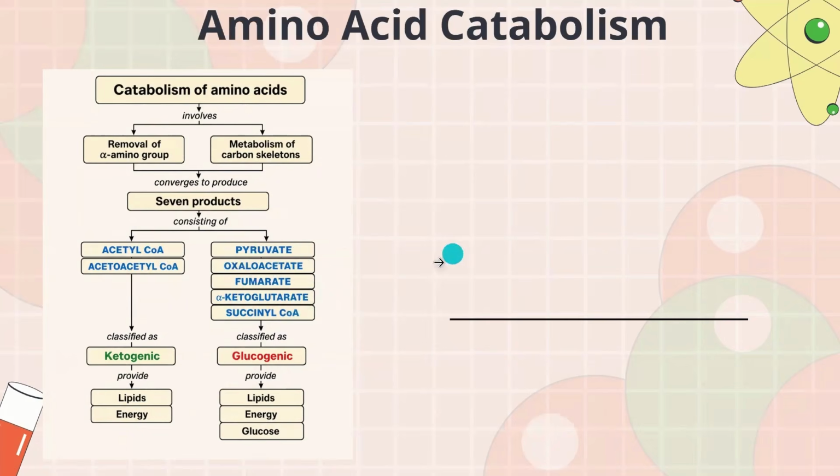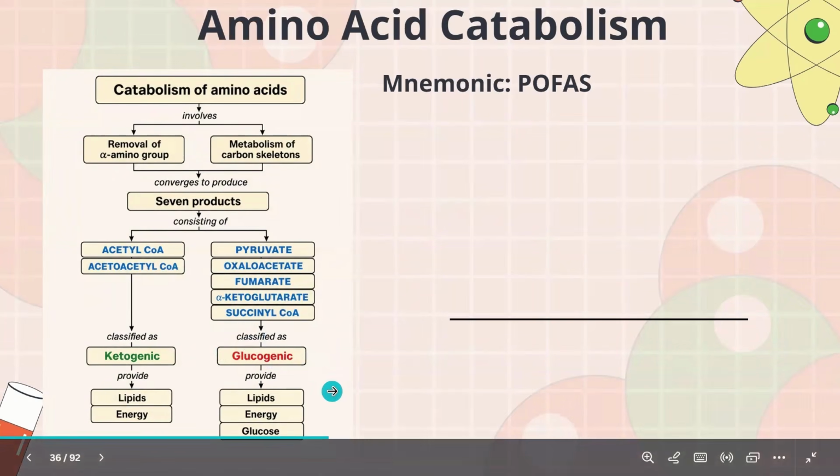To remember the glucogenic ones I use a mnemonic, POFAS: pyruvate, oxaloacetate, fumarate, alpha ketoglutarate, and succinyl-CoA. Eventually, the ketogenic ones provide lipids and energy, while the glucogenic provide lipids, energy, and glucose.